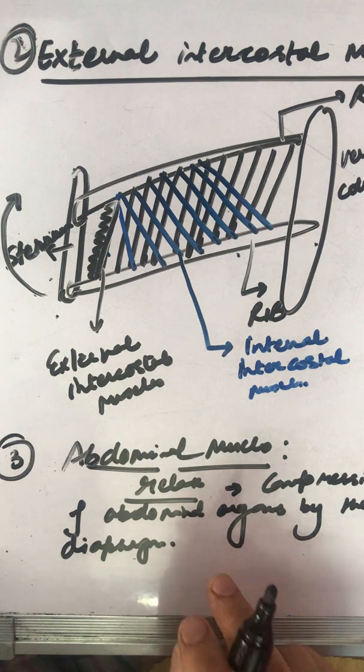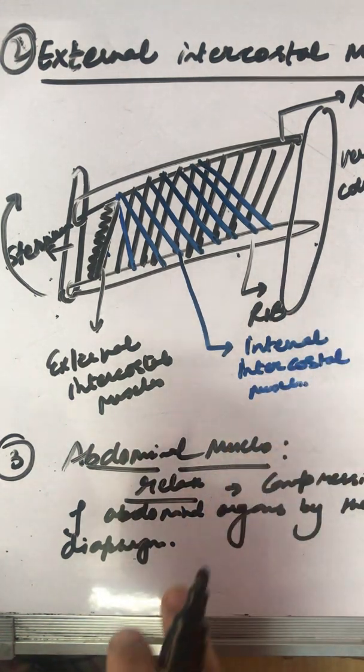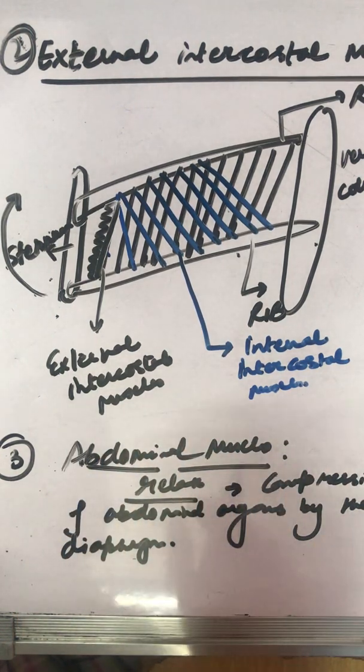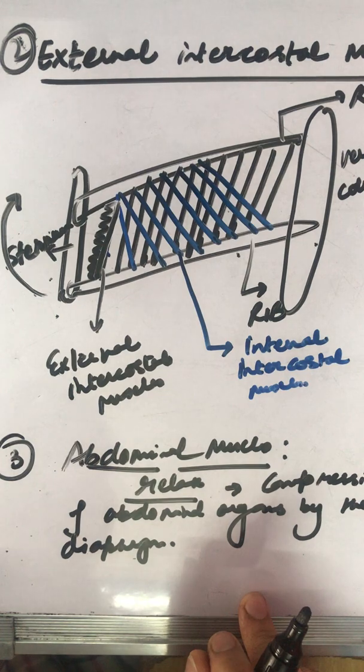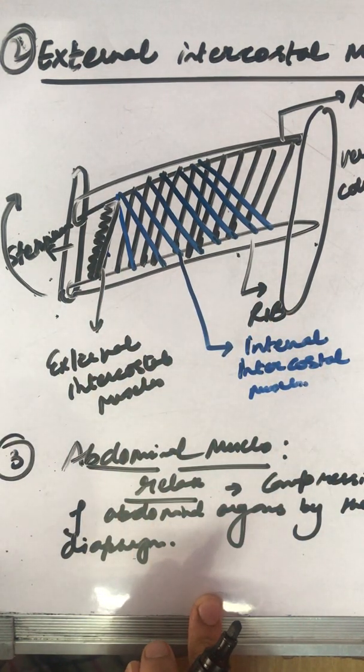The muscles of the diaphragm, the muscles of the external intercostal area and the abdominal muscles automatically play a passive role, or they help in the inhalation process, and these are very important for inhalation.